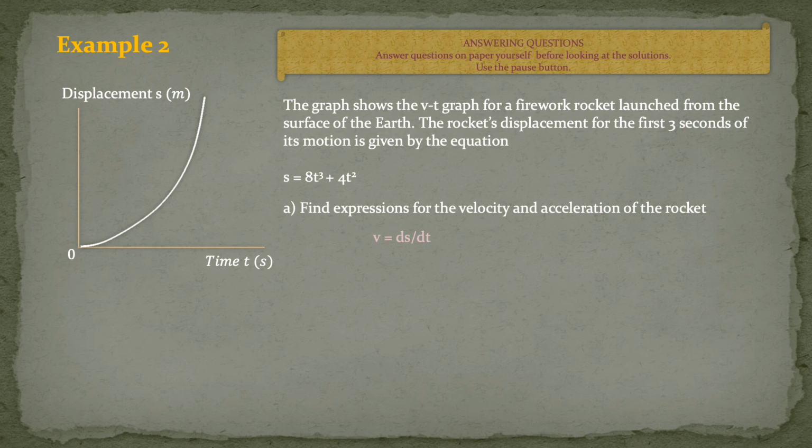Well, we are given an expression for the displacement s, and the velocity can always easily be found from the displacement by simply taking ds by dt. So all we need to do is to differentiate that equation with respect to t. When we do that, we get 24t squared plus 8t. That is the expression for the velocity of this body with respect to time.